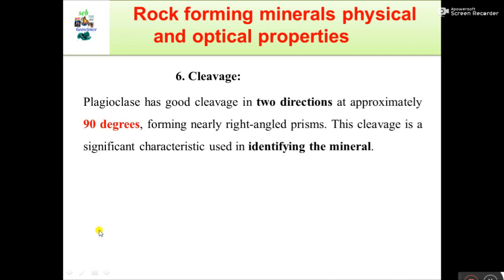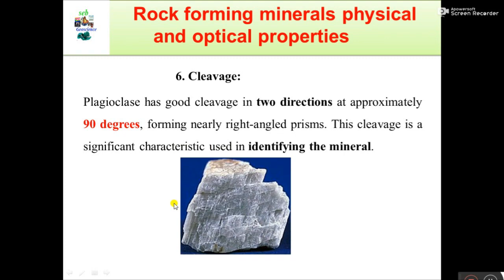This cleavage is a significant characteristic used in identifying the mineral plagioclase. So plagioclase has two good sheets of cleavage at 90 degrees. It is approximately like this.